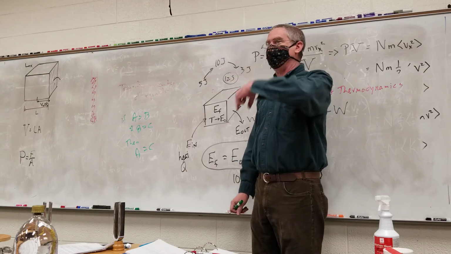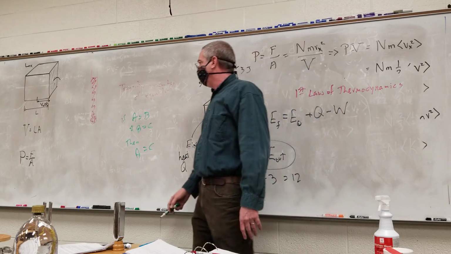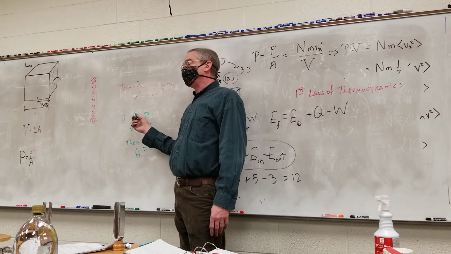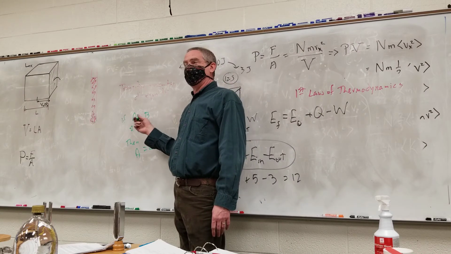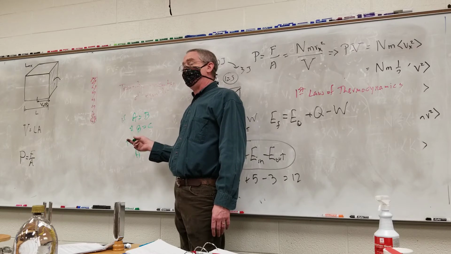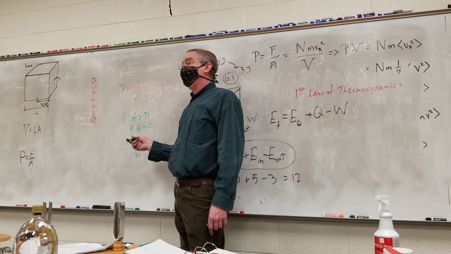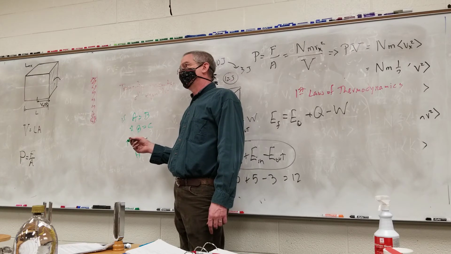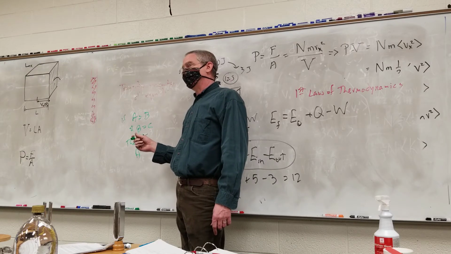Except we're going to make it sound fancier because it's thermodynamics. If system A is in thermal equilibrium with system B, and system B is in thermal equilibrium with system C, then system A is in thermal equilibrium with system C. That's the zeroth law of thermodynamics, right there.